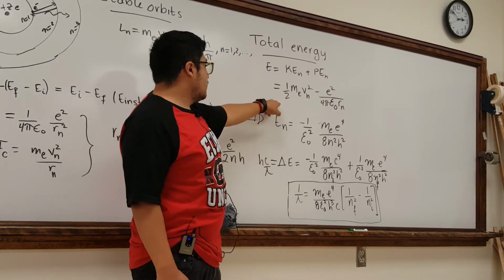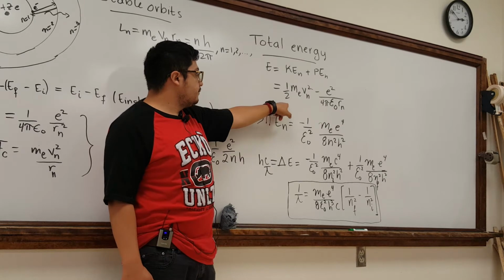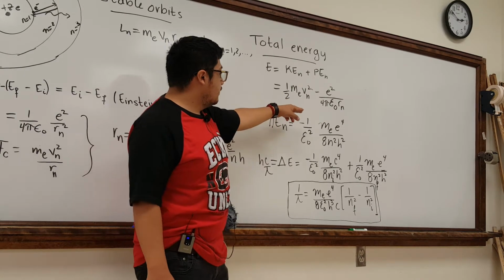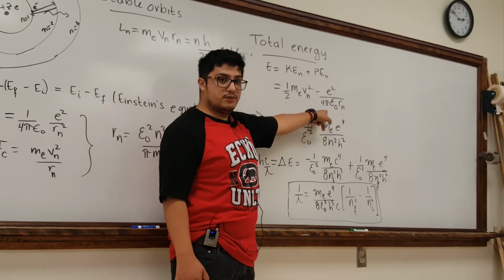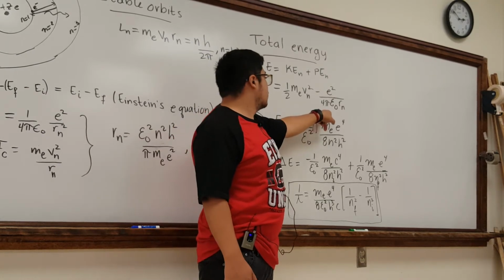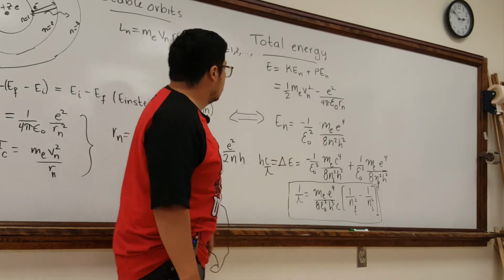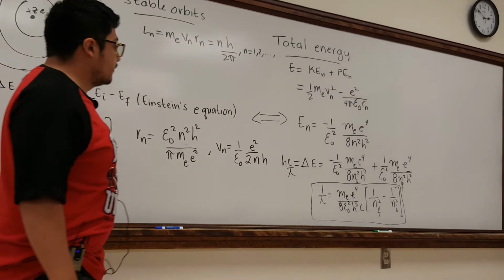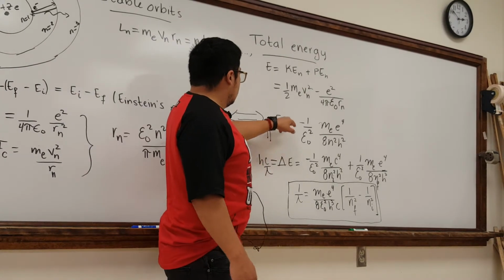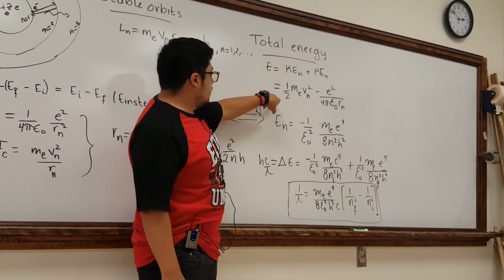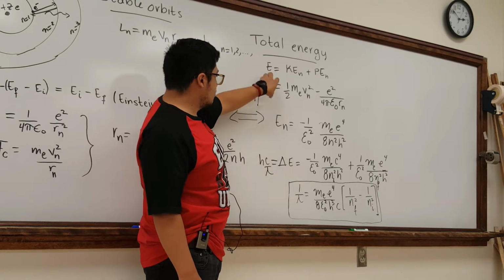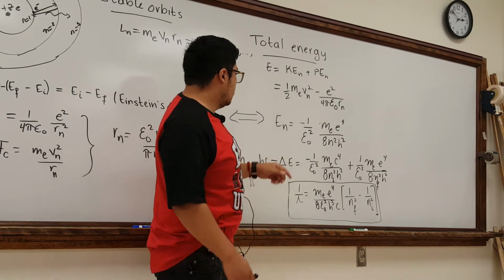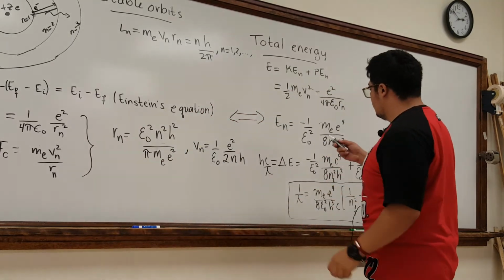From mechanics, we know that the kinetic energy is 1/2 m v_n squared, minus the electrostatic potential energy, and it's a minus because we know it's attractive between the two. If we do the math and combine the two expressions, we get this expression for the total energy.